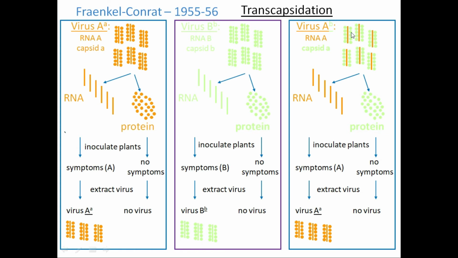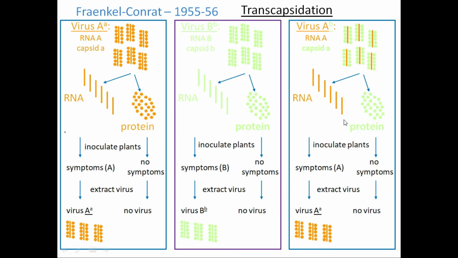So protein of virus B has encapsulated the nucleic acid of virus A. So we get a kind of virus particles, and we separate them. So we get RNA of virus A here, and we get protein of virus B here.